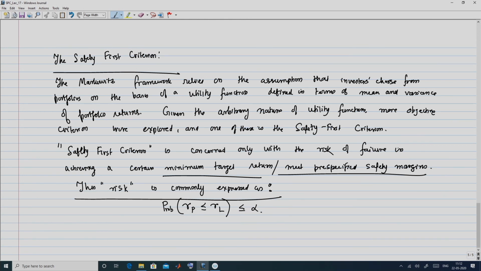So, this means that if you start off with a portfolio P and the return of the portfolio is given by RP, which is a random variable, and then you fix a minimum level of return that you want, some sort of a safety threshold which you denote by RL, you want to always stay above this RL. So, from the point of view of your risk, you are worried about the events for which you will have RP less than RL, and what is going to be the probability of that, just to get an indication of the percentage chances that you will not be able to meet your target return of RL.